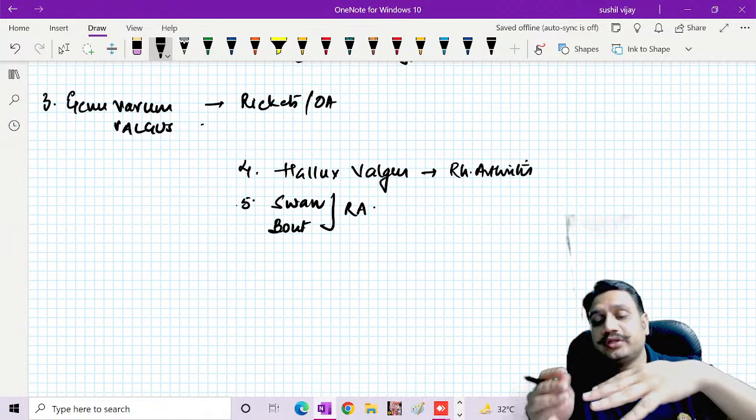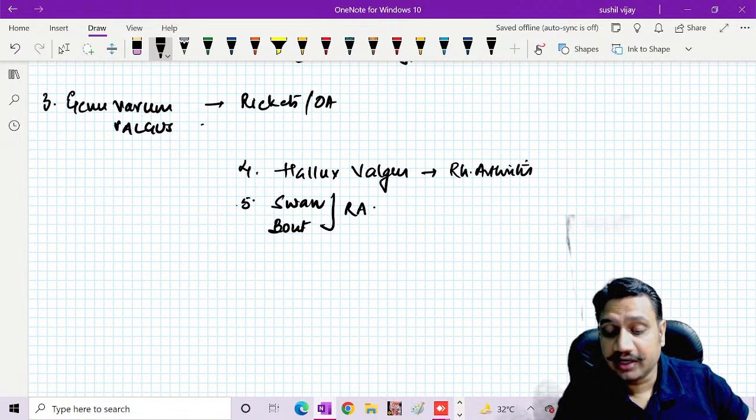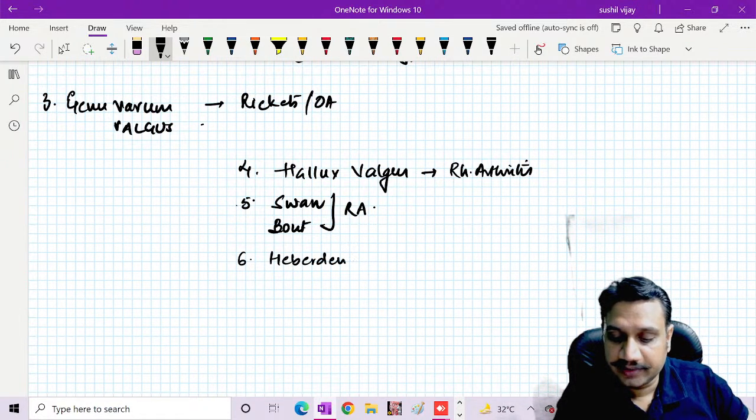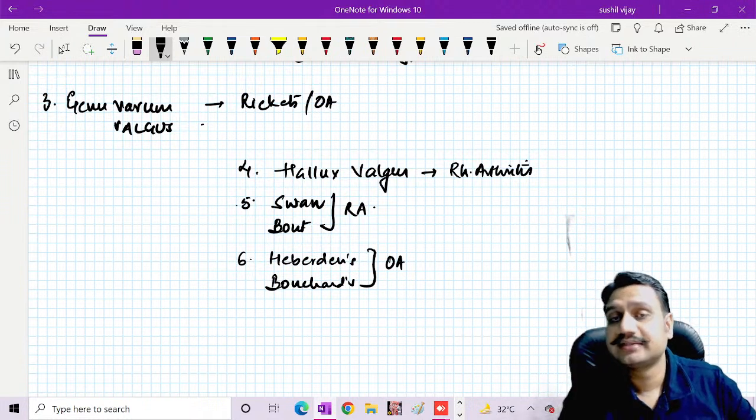On the other hand, when somebody comes with nodular swelling on the DIP or the PIP, those are Heberden's nodes or Bouchard's nodes. These are nodular swellings of the IP joints of the hand, and they are a part of osteoarthritis, right?